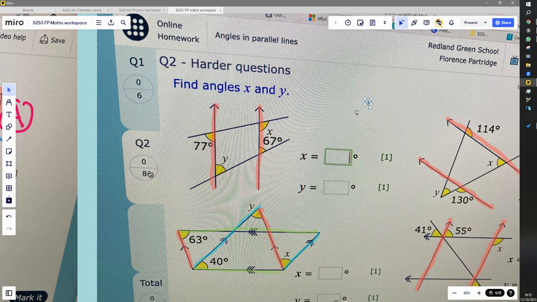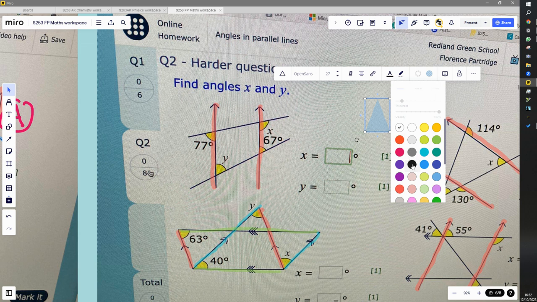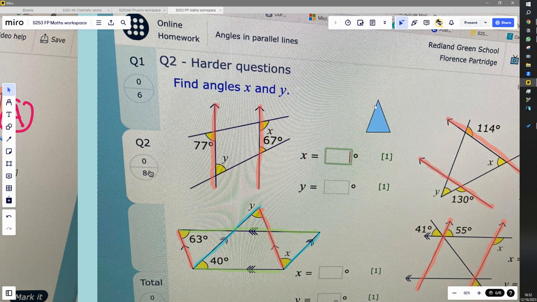Let's imagine we had this isosceles triangle. What is an isosceles triangle? It's a triangle that has two identical sides. In other words, the sides are the same length. And when these two sides are identical, then these two angles are identical.